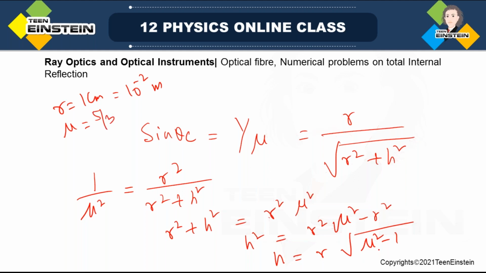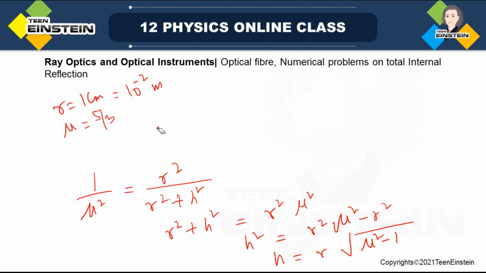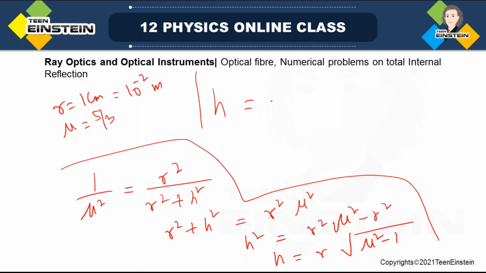Now you just put it here. So h will be 10 to the power minus 2 into the square root of 25 by 9 minus 1.